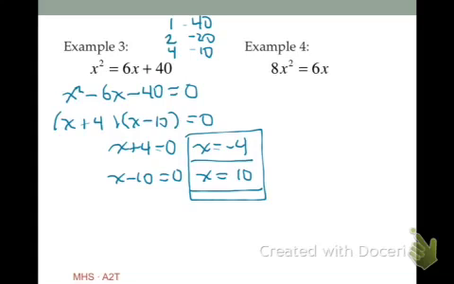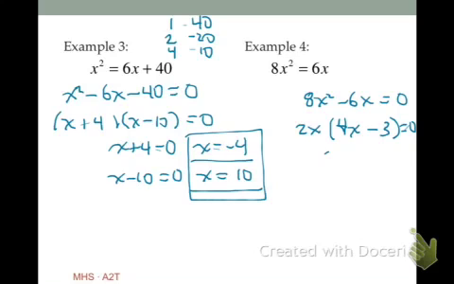Let's take a look at the next one. We got 8x squared minus 6x equals 0. Well, they have an x in each of those terms, so I can factor that out right away. I actually have a 2, so I could do that too. So I get 2x, and then I'll have left over a 4x minus 3 equals 0.